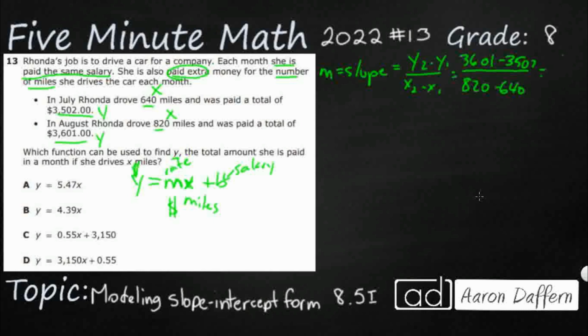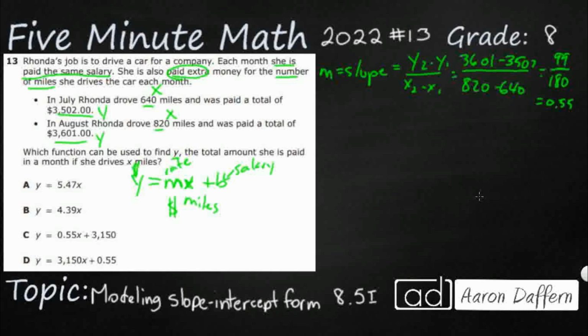And then 820 minus 640, that's going to give me 180. So my slope is going to be 99 over 180, but we need it in a decimal. So really that just equals 0.55. Okay, so 55 cents a mile.